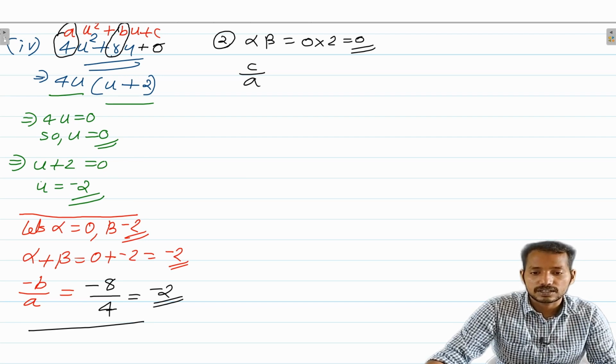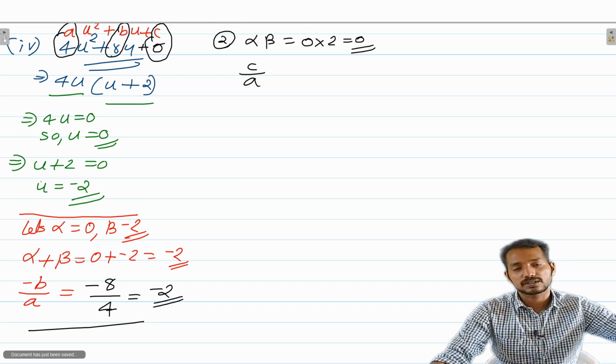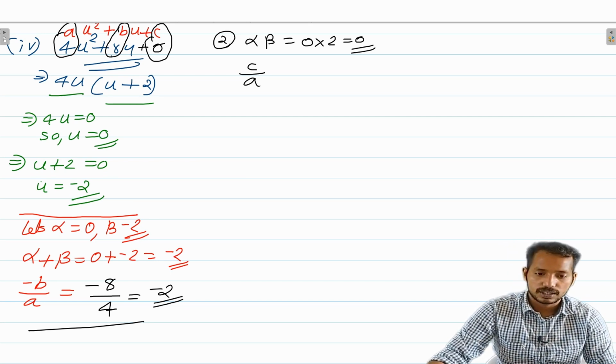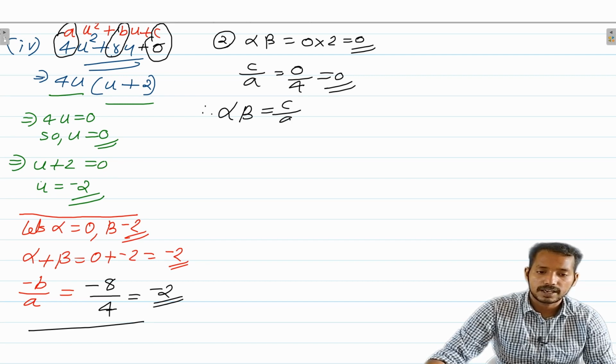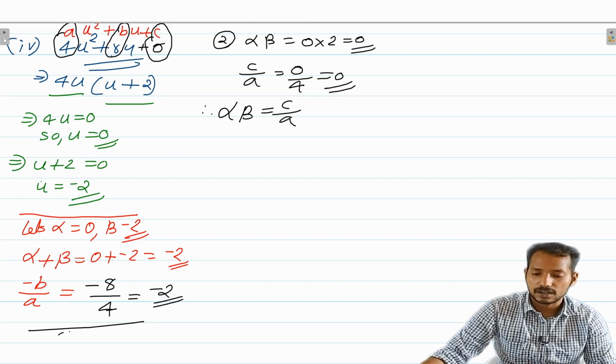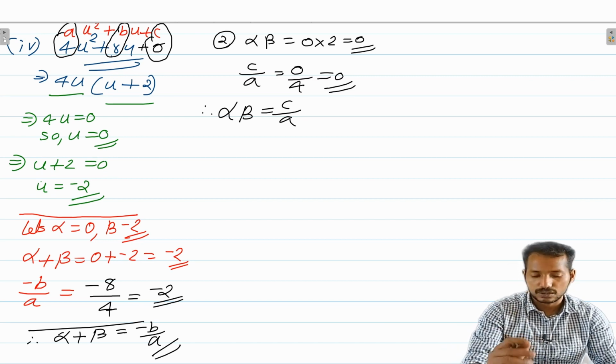So we can write c as 0 because 4u square plus 8u plus 0, that means the constant term is 0. So that is 0 by a, which is 4, equal to 0. So that is also verified, that is alpha into beta is equal to c by a. And alpha plus beta is equal to minus b by a is verified. Clear? So this is all about this question.